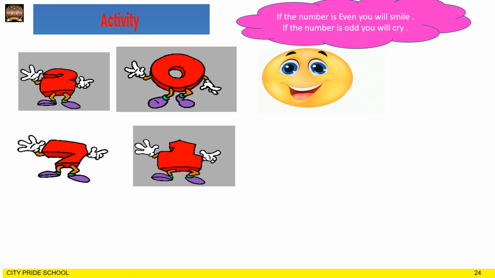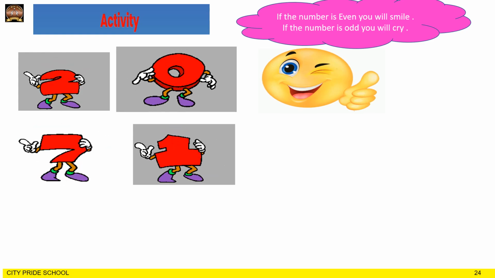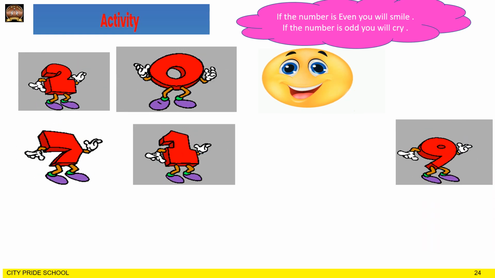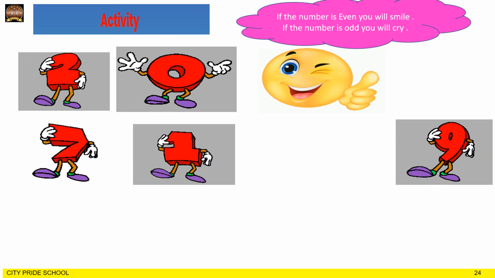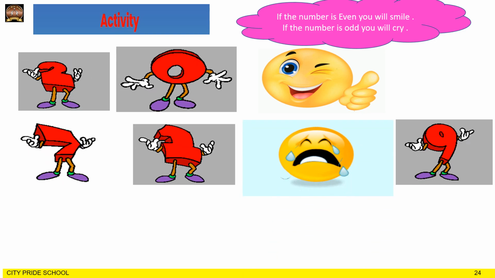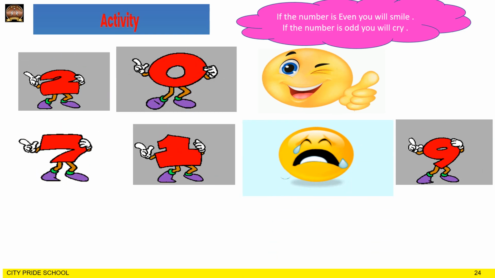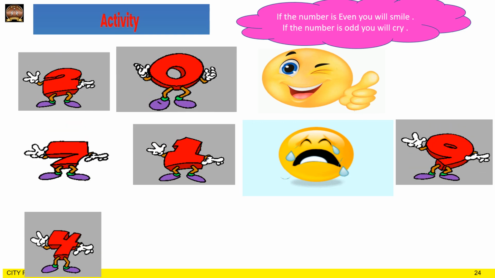7 and 1, that means 71, and 9. Are they even or odd, children? Yes, you guessed it correctly. It is an odd number and we will cry. Ooh.